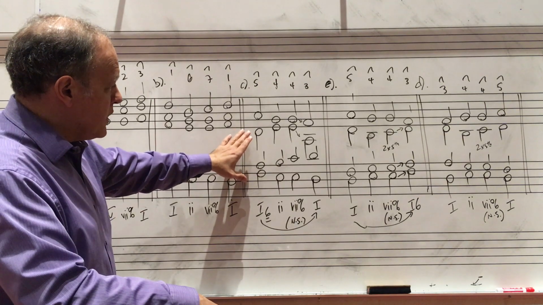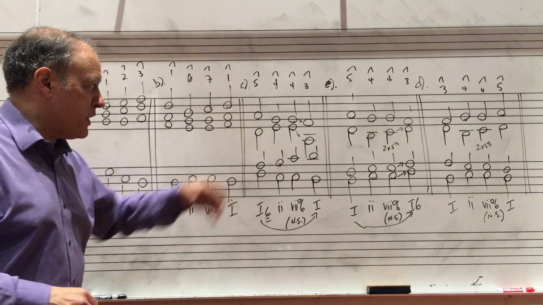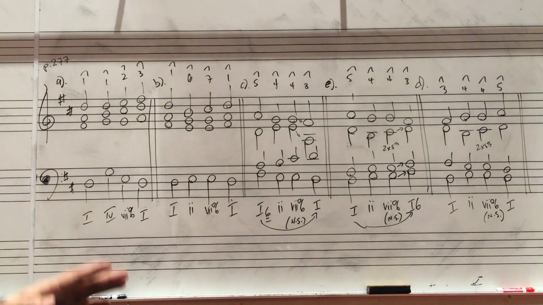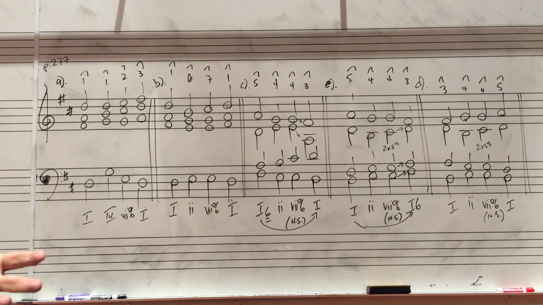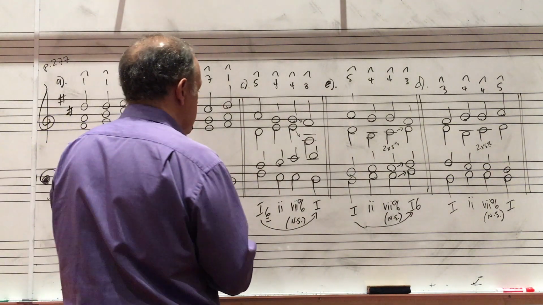What I was emphasizing, what I'll emphasize now by taking out the inner voices, is there's an underlying linear model that's driving this progression. Those are parallel tenths. So that's the idea here.